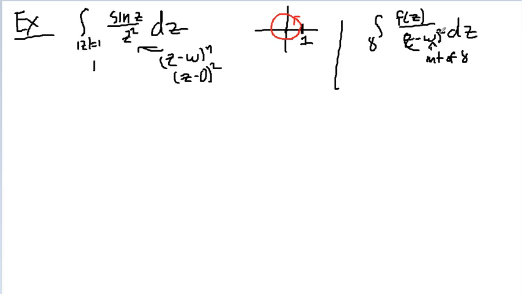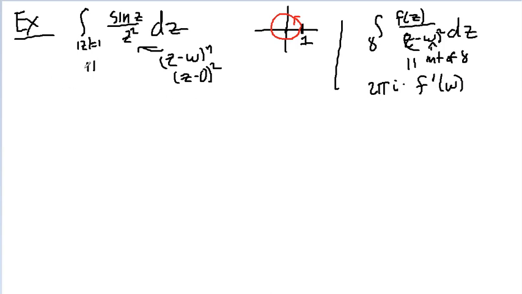If it's not in the interior of gamma, all of a sudden this is holomorphic, because all the bad points lie outside of gamma, and so you can use Cauchy's theorem, just contract the curve to a point, and you get that the integral is equal to 0 if you have a circle. So I'm going to use this formula. This formula just says this is equal to 2 pi i times f prime evaluated at w, the bad point. So that's what we're going to do.